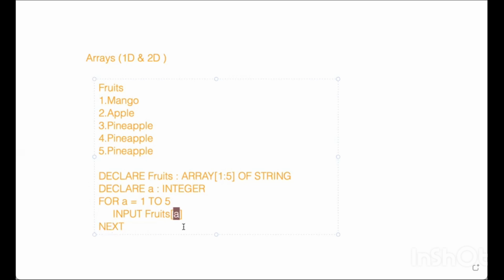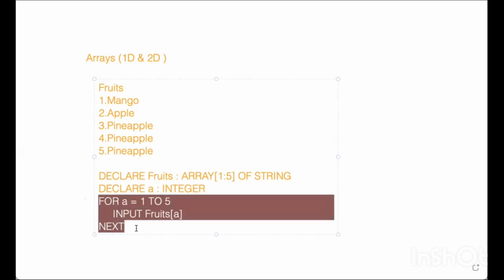So we are going to access the index 2 of the array fruits. So the next value that will be input will be stored on the index 2 of the array. Then next makes it 3, the variable a, and we are going to access the element 3 or index 3 of the array, and so on. So we can simply fill in the array with the input given by the user.